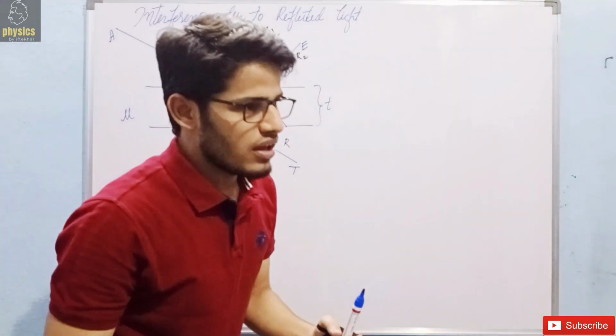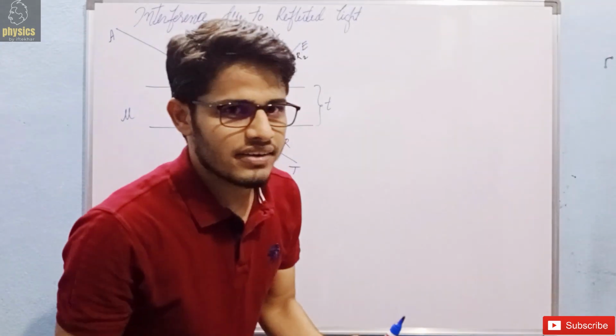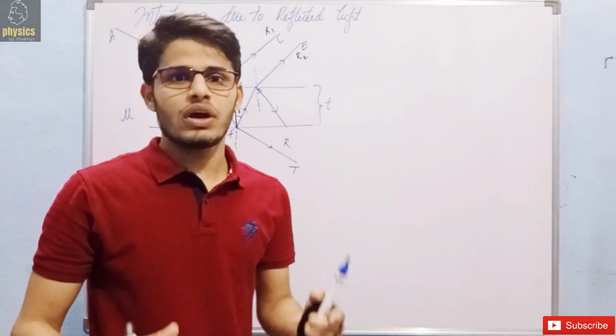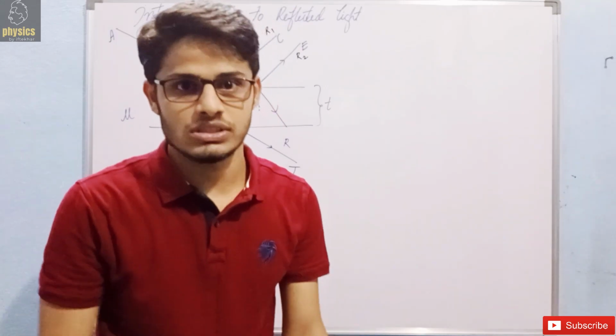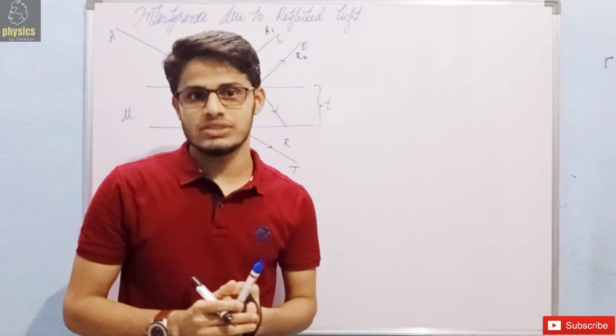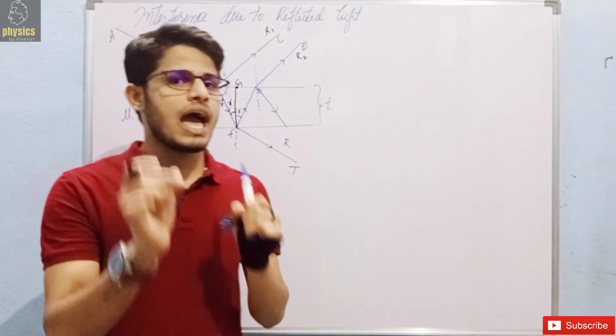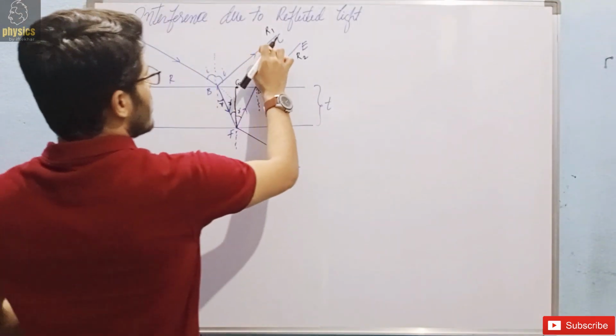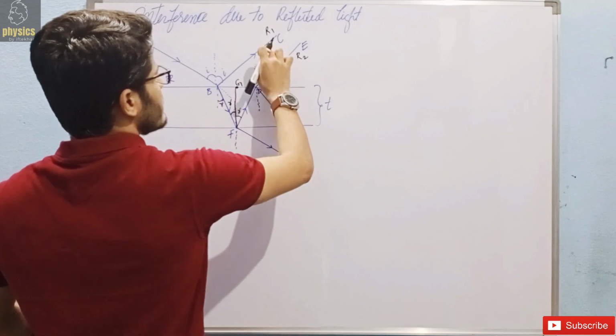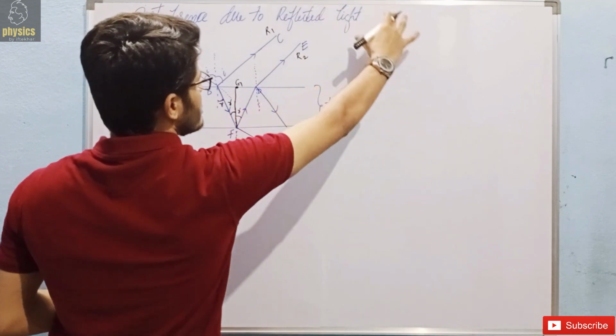If two light rays have these properties, what do we call them? We call them coherent sources. If you have coherent sources, exactly, we can have the interference pattern. So with the help of these two light rays, we will get the interference pattern.